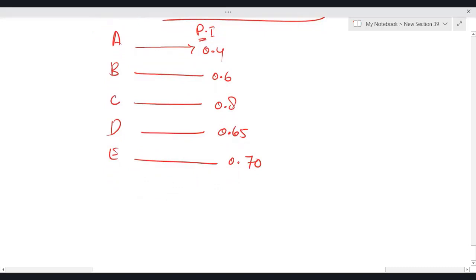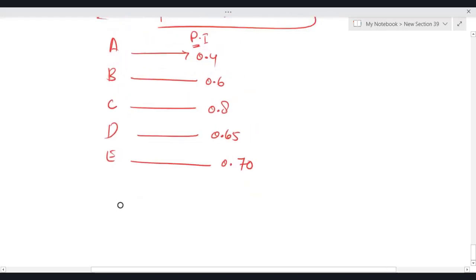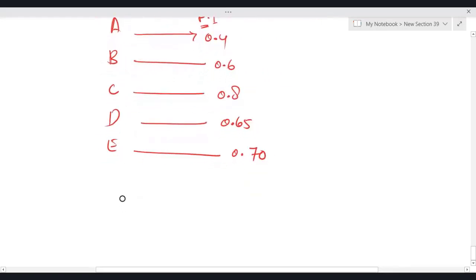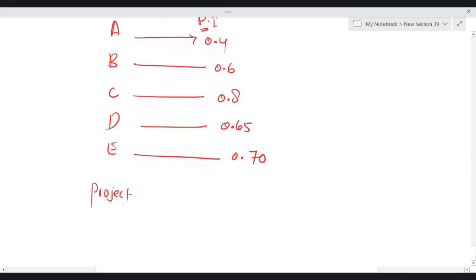The examiner says one more thing in the question. Let's say the examiner says projects C and E are mutually exclusive.